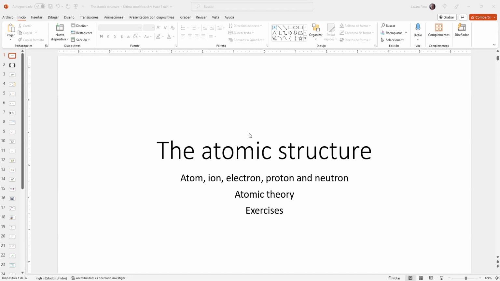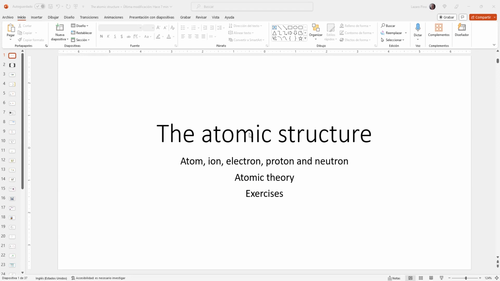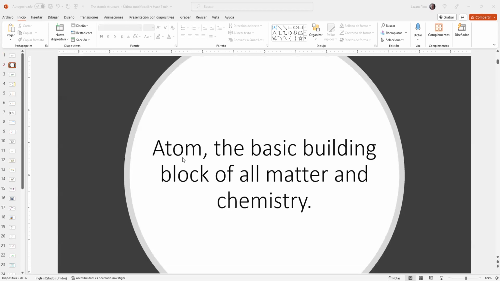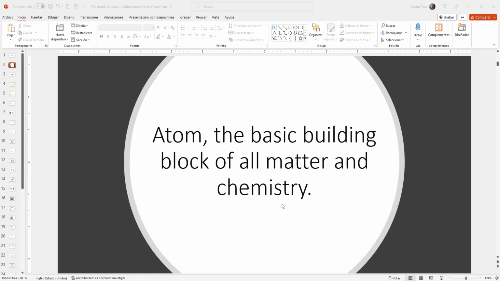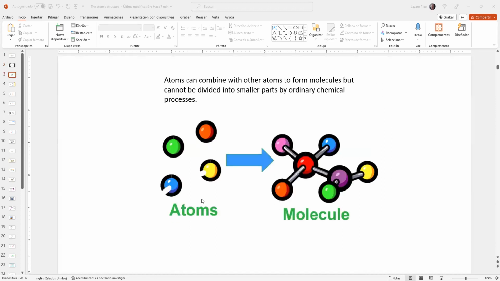Well, after that, let me begin by explaining that the atom is the basic building block of all matter and of course of chemistry. And also that atoms can combine to make molecules.